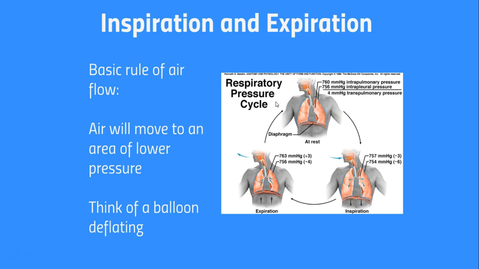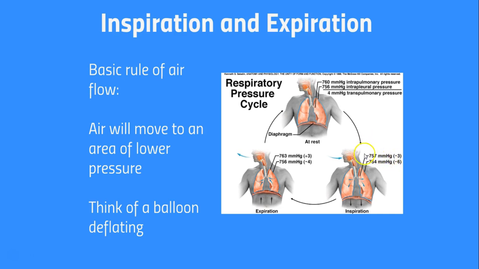So the question is, how do we get air to come in when we want to take a breath in? The answer is we need to decrease the pressure inside our lungs to lower than the outside atmospheric pressure. In our inspiration picture here, the intrapulmonary pressure is now 757, so it's less than the 760 outside by a count of -3.